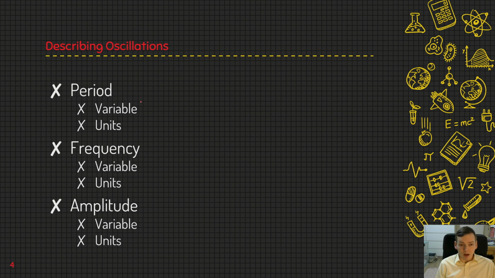So if we want to describe oscillations, we've got three key vocabulary words. First, we've got period, which is how long for each cycle. And each cycle is just one repetition, right? So if it's going to go back and forth, a cycle would be swinging to the left and then back to the right, because then it's going to start over, swing to the left, back to the right.